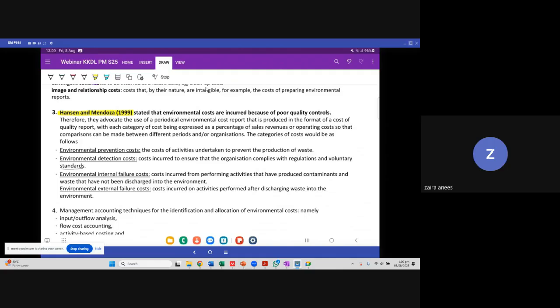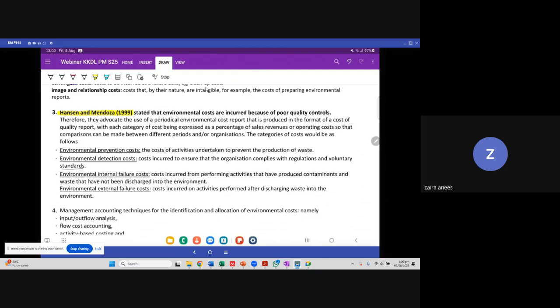Like let's suppose you are having a chemical waste or maybe a product waste or maybe anything like carbon. You are polluting, you are emitting carbon dioxide. So there are lots of wastage which you are producing. So if you are producing the wastage, you have to bear the consequences. So they say that quality is the most important thing. Wastage is something which is actually creating the problem.